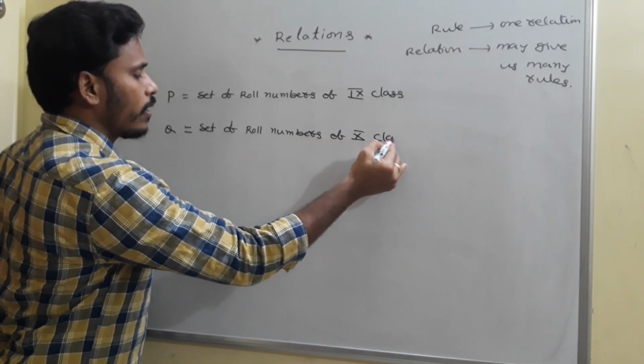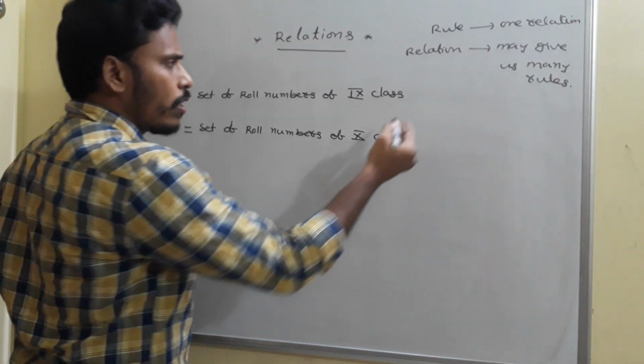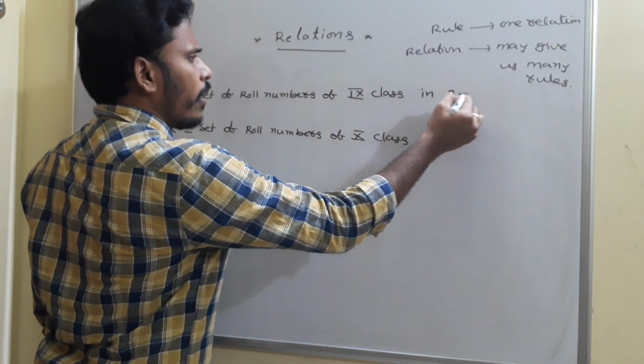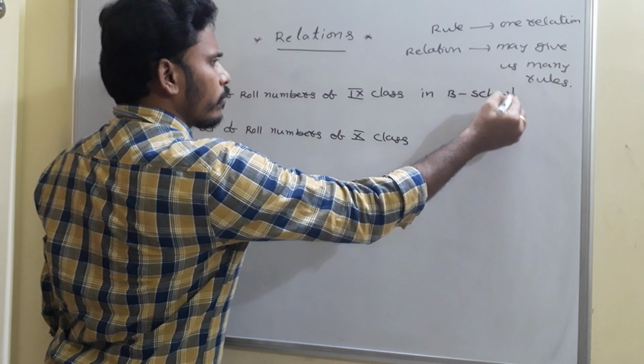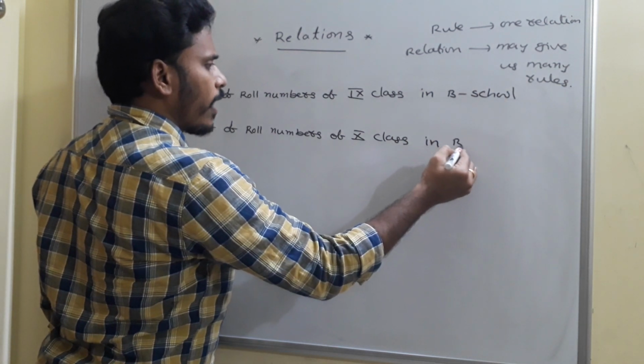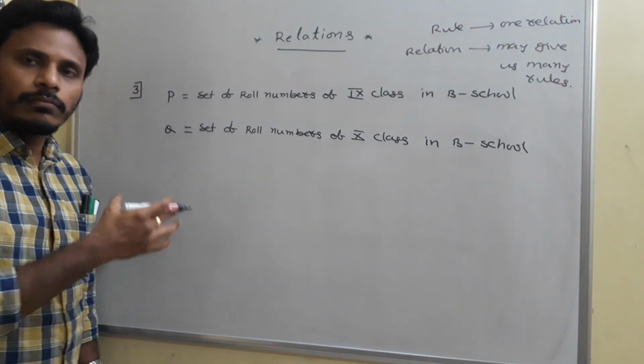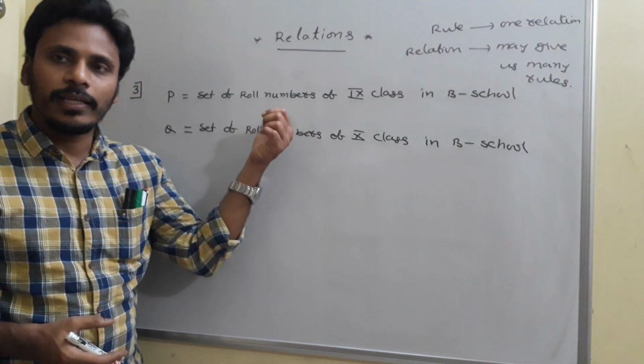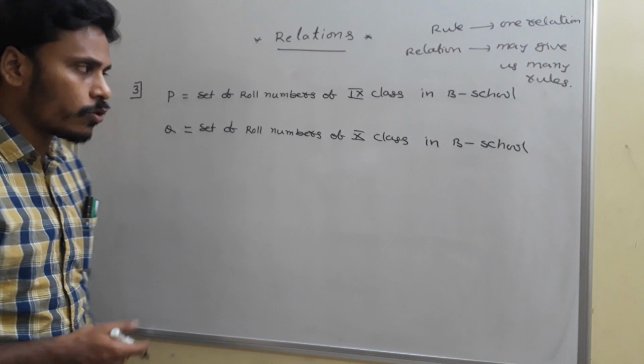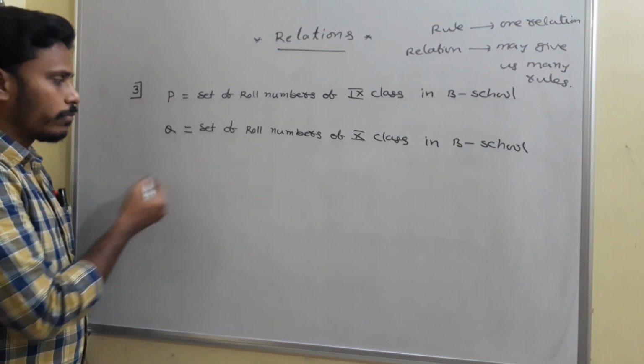Say in a school named B, you collect the roll numbers of 9th class in set P and the roll numbers of 10th class in set Q.